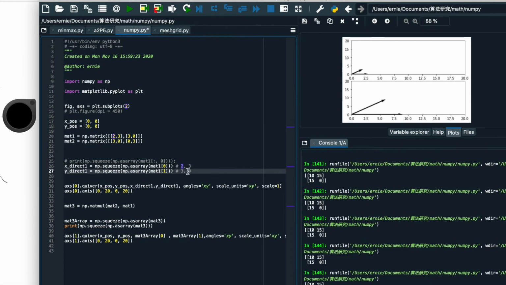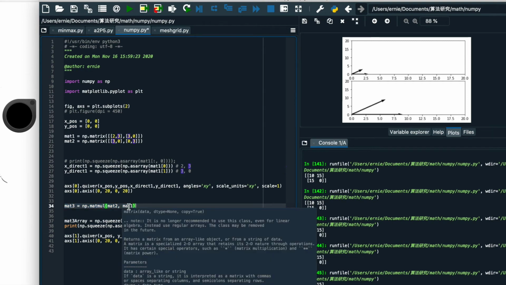And for the one down here lying on the x-axis, it's the same thing. We use 0 divided by 3, then we get this arrow here. And this line actually just uses matrix multiplication.